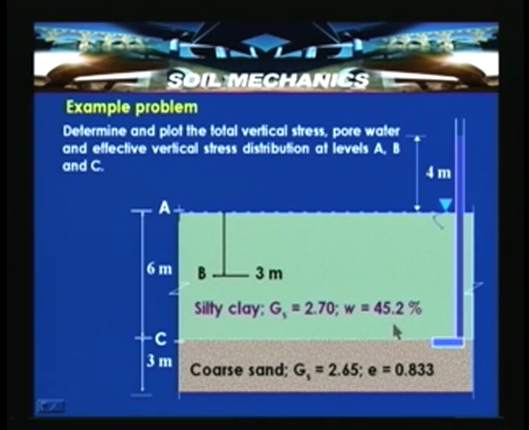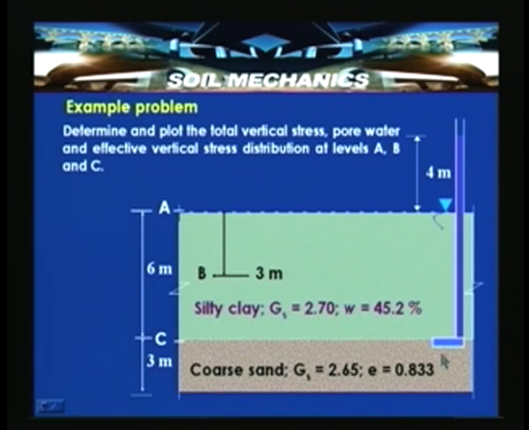Here in this slide, two layers of soils are shown. The upper layer is silty clay having specific gravity of solids as 2.7, natural water content as 45.2%, and the coarse sand which is lying below this silty clay is under artesian conditions. So, the head of the water above this natural groundwater table is 4 meters.